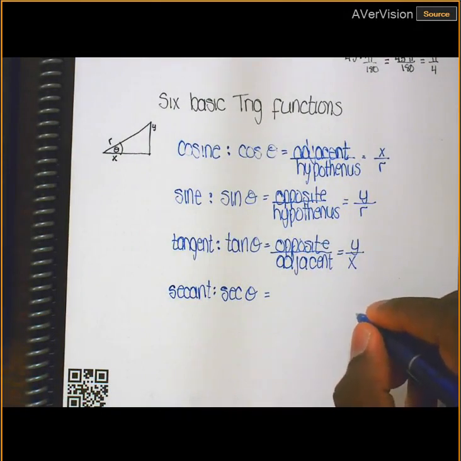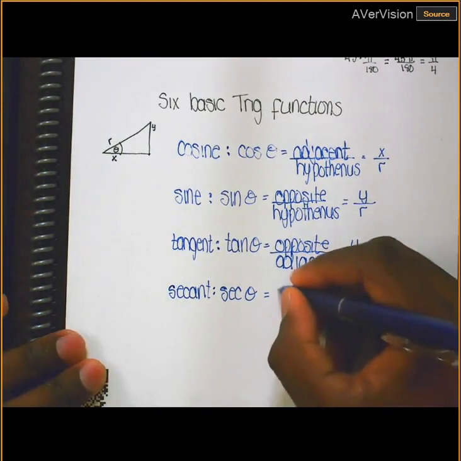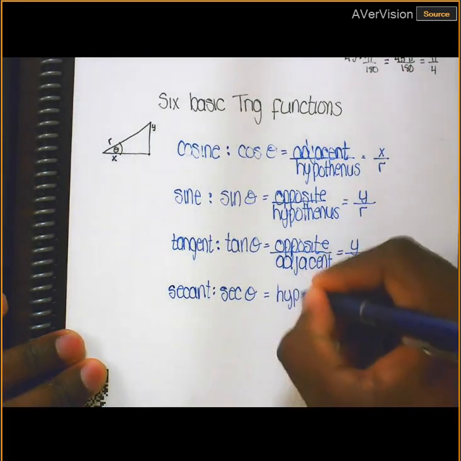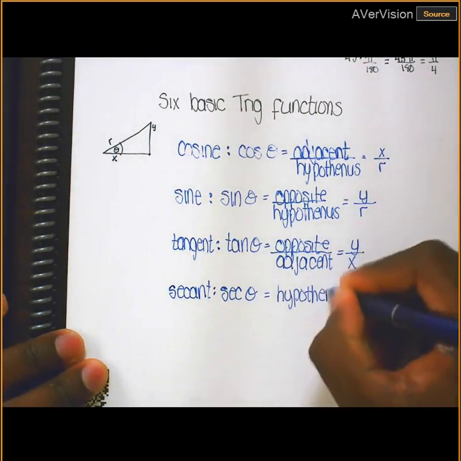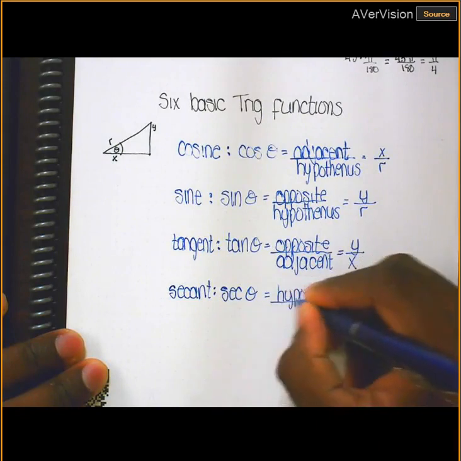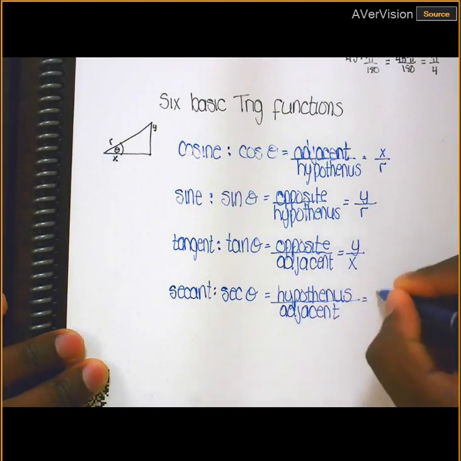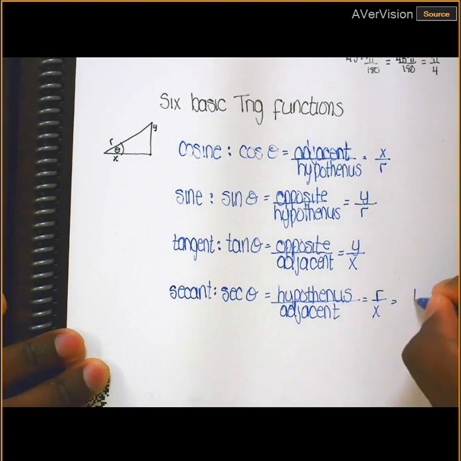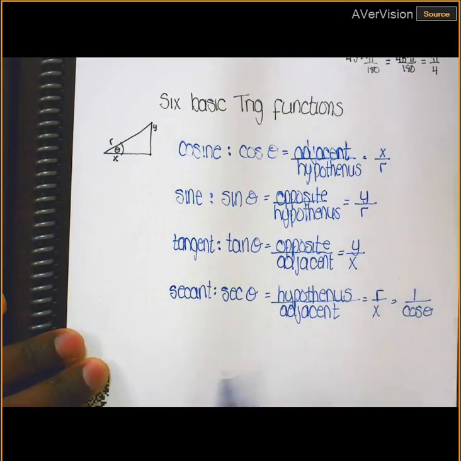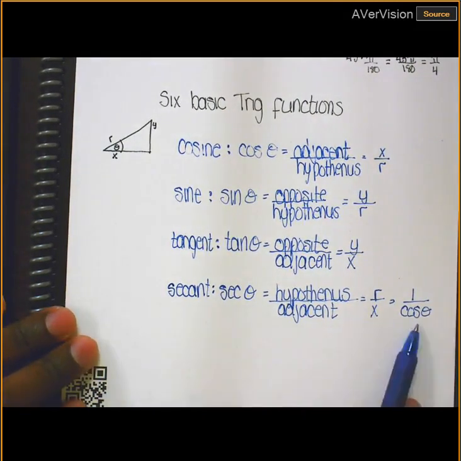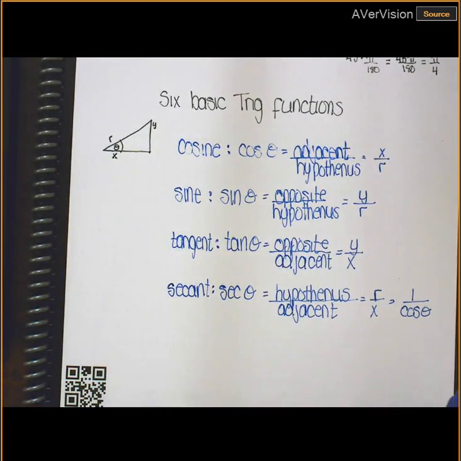Both. And it is also equal to 1 over cosine, because the secant is the reciprocal of cosine. Reciprocal means we flip it, right?